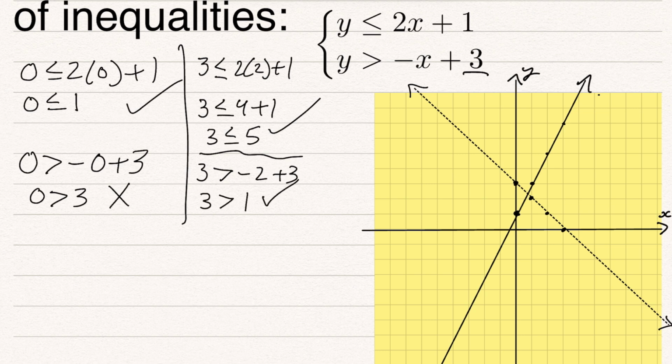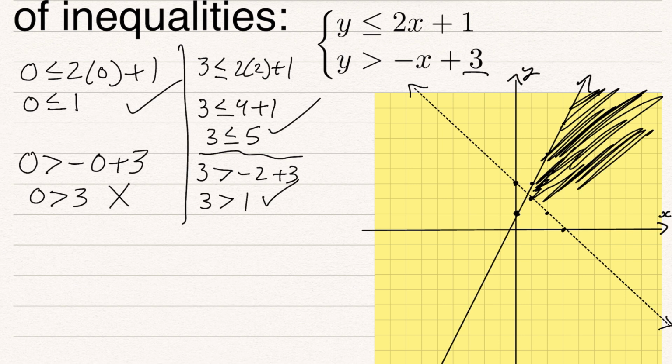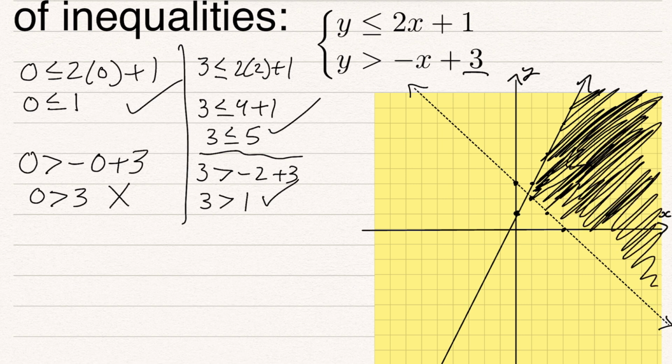So the region that we want to shade is this region over here. We will shade that completely. It comes up to, but does not cross, that line. That region is our solution.